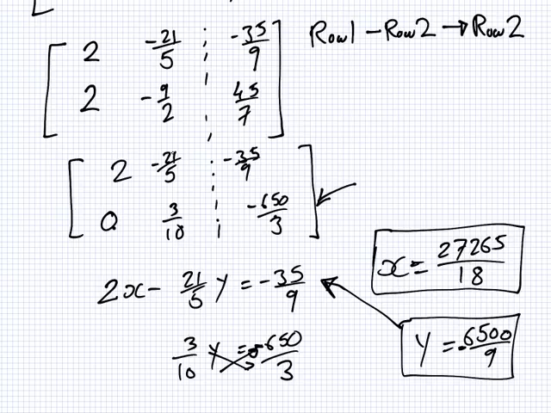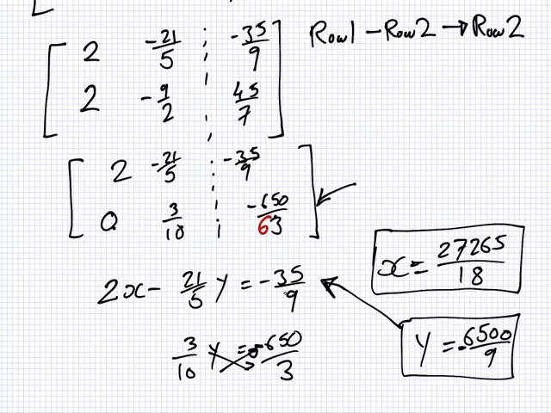Let me check. Minus 21 over 5, minus 9 over 2, that's 3 over 10, minus 35 over 9, minus 45 over 7. There's another minus 3. Should be plus. I wrote this down wrong. It's 63, not 3.